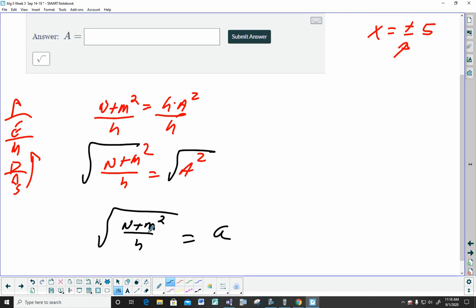Okay, so when you go to type this in Delta Math, they give you the square root symbol, so you'd hit that first. I would personally put a parenthesis next to grab the n plus m squared, close the parenthesis, divide h. Now the risk here is that, if you don't see this square root extend out over it in Delta Math, then I would leave the parentheses off.